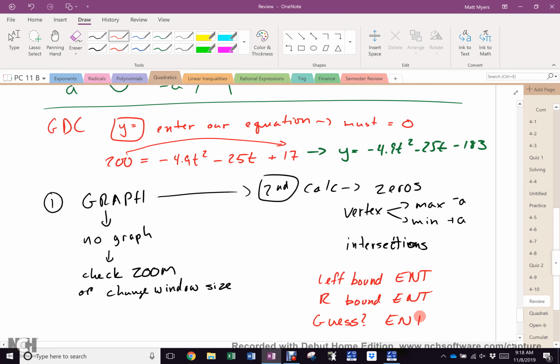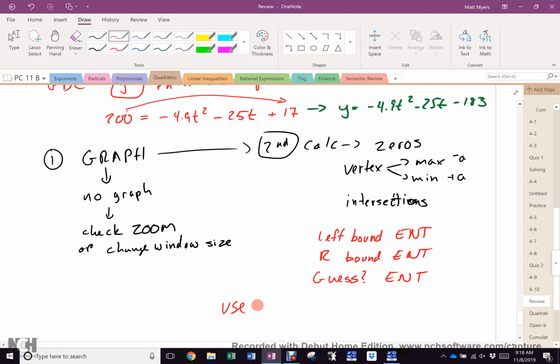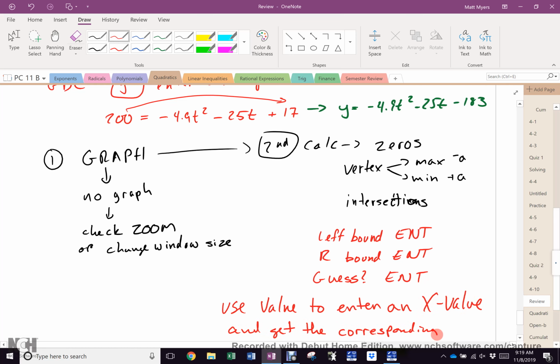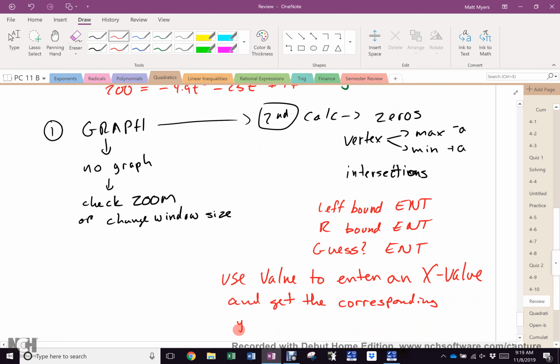Now remember, there's one thing on the graphing calculator that I haven't reviewed here. That's that value button, right? You can use value to enter an X value and get the corresponding Y value.